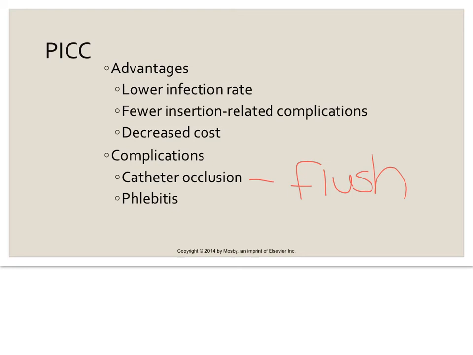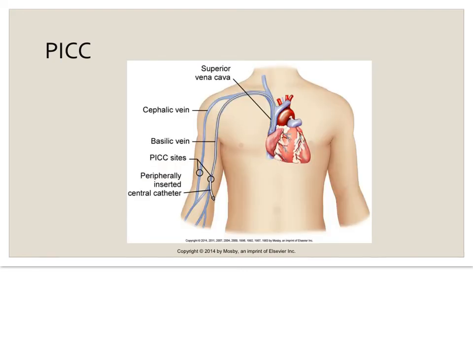So we just have to make sure their nursing care includes flushes according to hospital policy. But the good thing is patients can be taught how to manage PICC lines, and patients can go home with these. This is just the picture of the PICC line that's in your book.